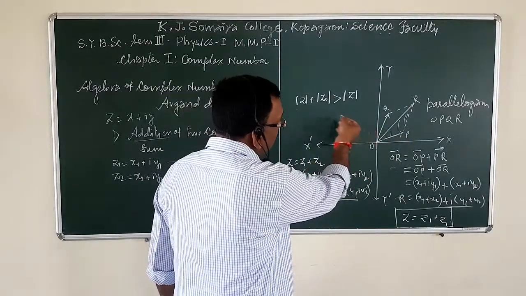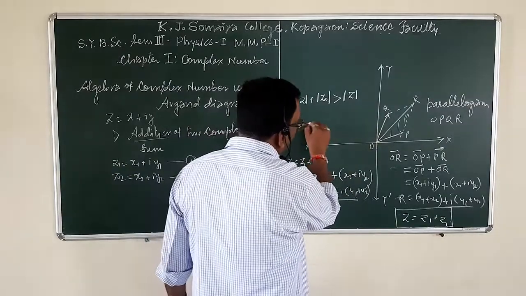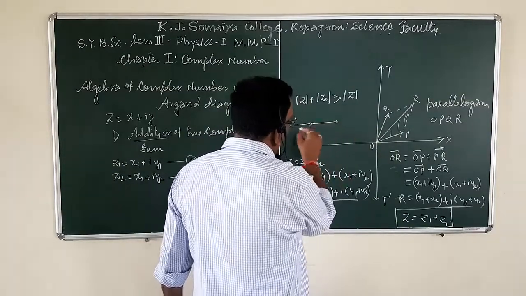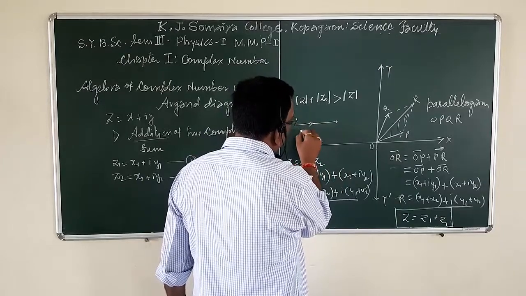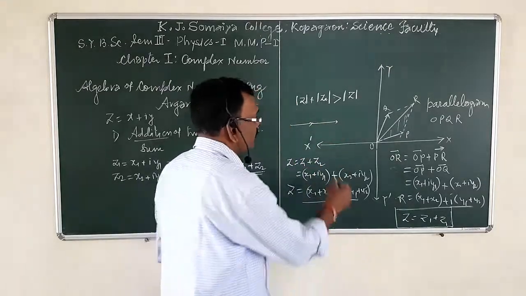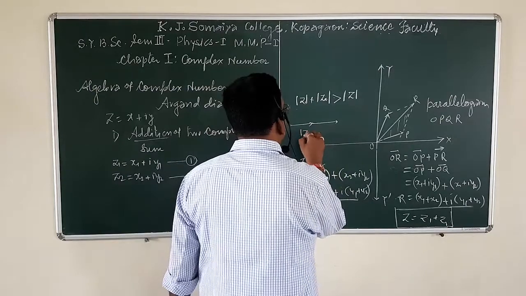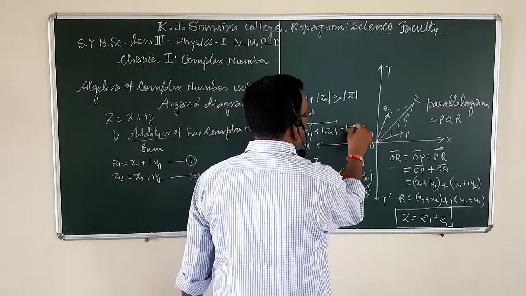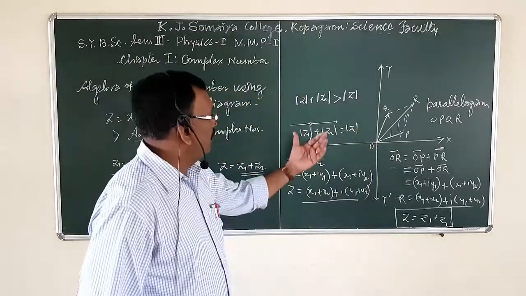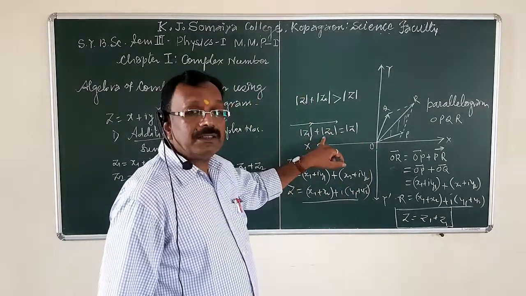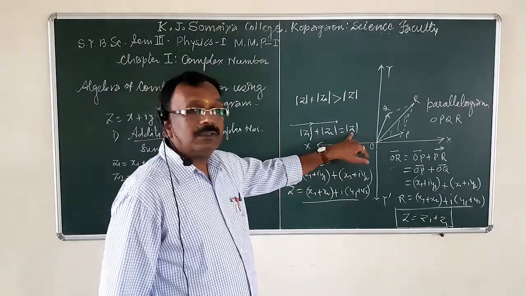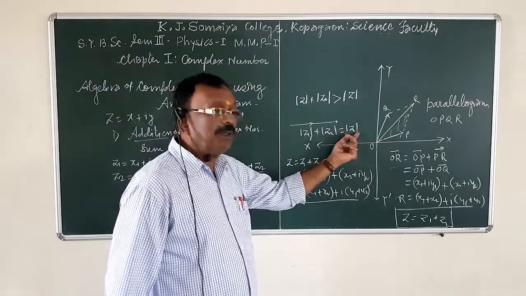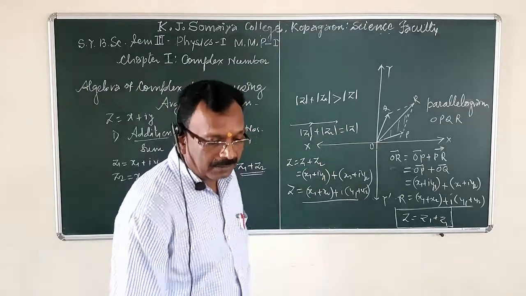But when these two vectors are on the same line, that is, this is vector OP and this is vector PR, these two vectors are on the same line, then we can write mod of Z1 plus mod of Z2 is equal to mod of Z, or the length of the addition of two vectors is equal to the length of the resulting vector.